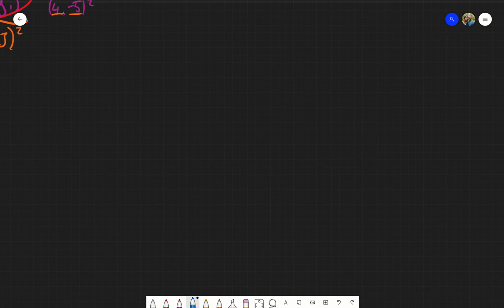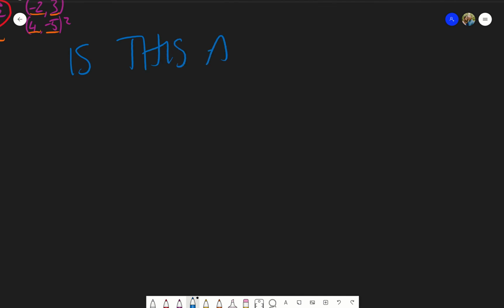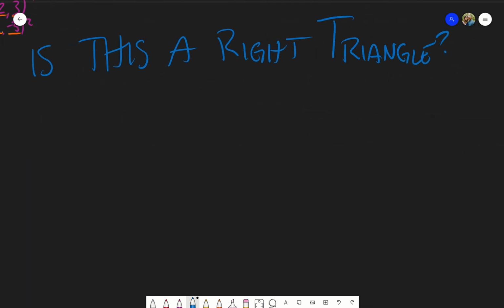Okay, so our other thing we're doing is, is this a right triangle? We're going to be given 2 or 3 numbers, and we want to say, do these 3 numbers make a right triangle? So we're going to have maybe 5, 8, and 12.